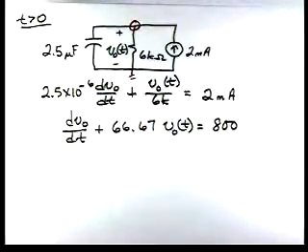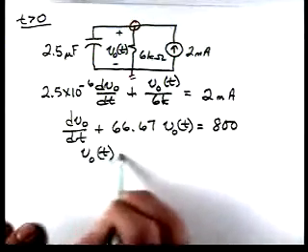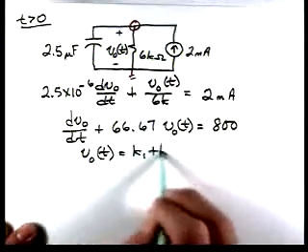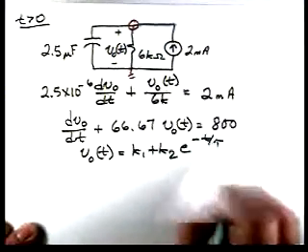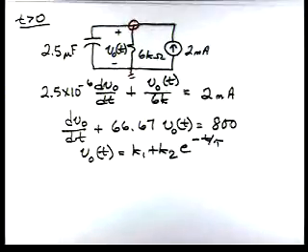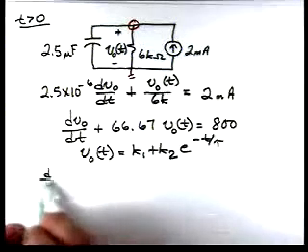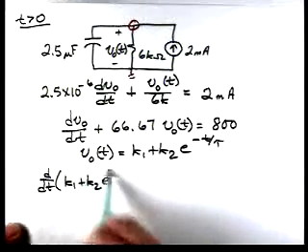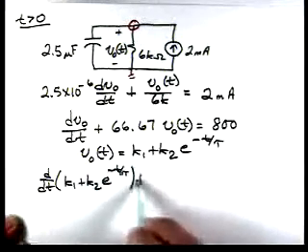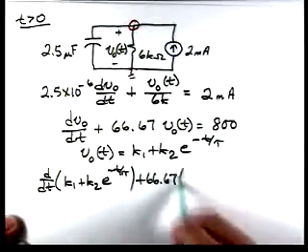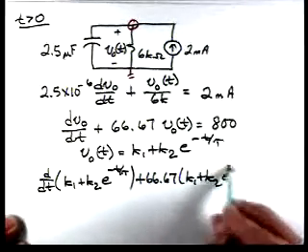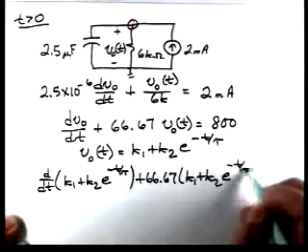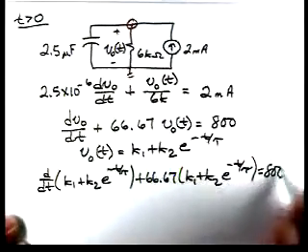So we went around there and cleaned up the terms. We know our solution is K1 plus K2 e to the minus t over tau. So now let's plug it in. Now we have the derivative of K1 plus K2 e to the minus t over tau plus 66.67 times K1 plus K2 e to the minus t over tau equal to 800.